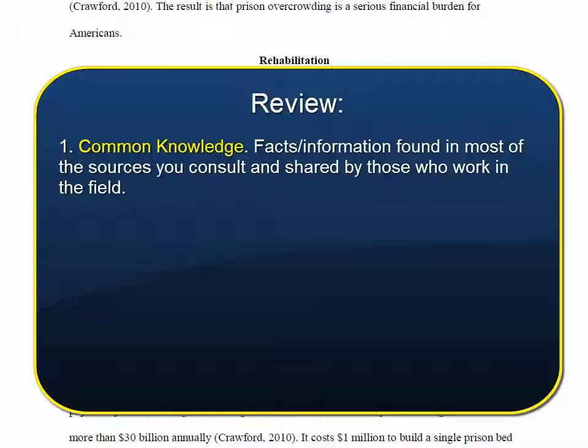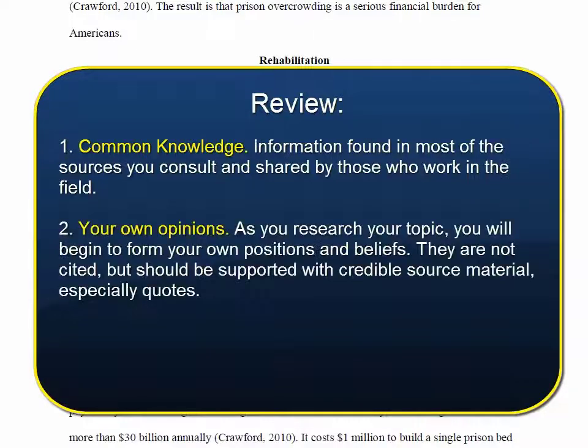You do not need to cite it. 2. Your own opinions. As a product of your reading and thinking about the topic, you will synthesize the material to form your own opinions, your own positions and beliefs. These are also yours and don't need to be cited.